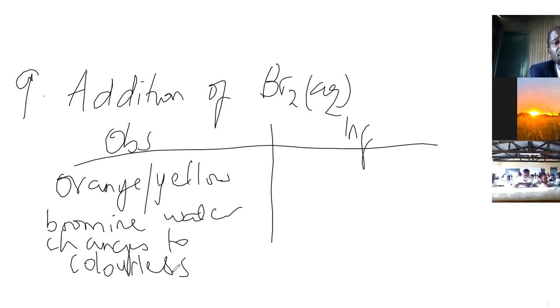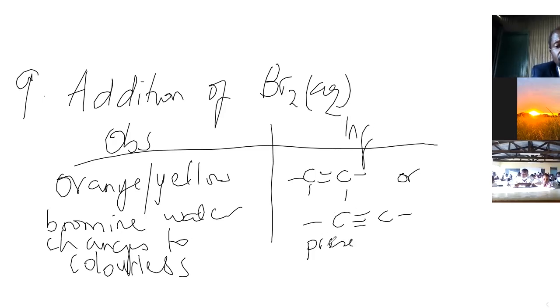The inference would be the unsaturation, unsaturated functional groups, carbon to carbon double bond or carbon to carbon triple bond present. The negative of that would be orange or yellow bromine water retains its color.